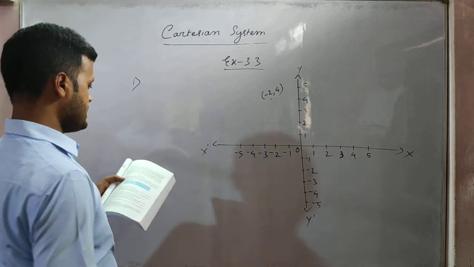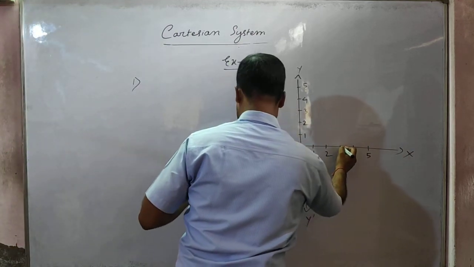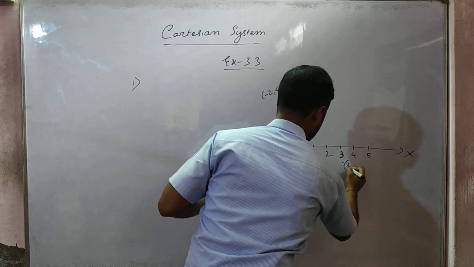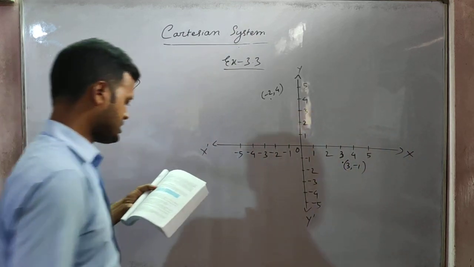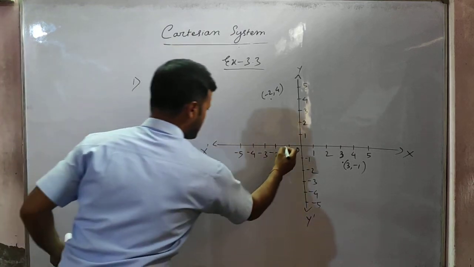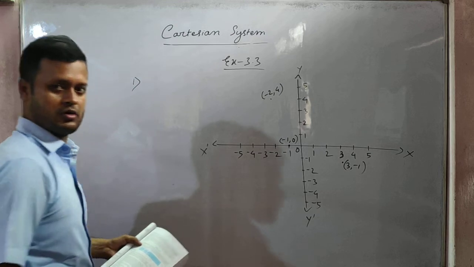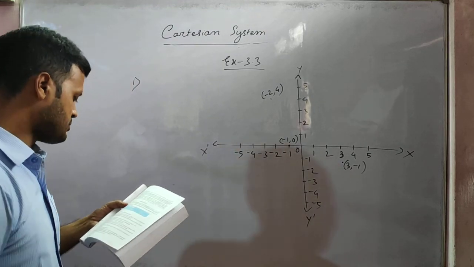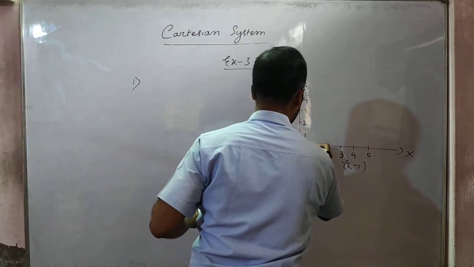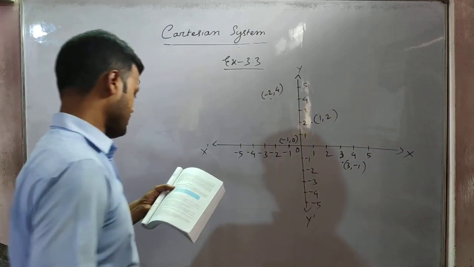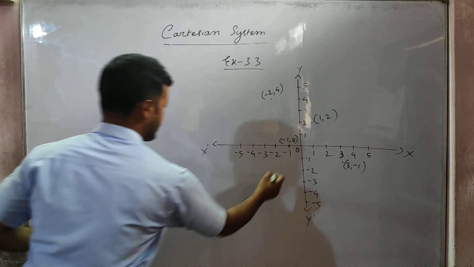Again (3, -1), this point is (3, -1). Next point is (-1, 0). And the next point is (1, 2).